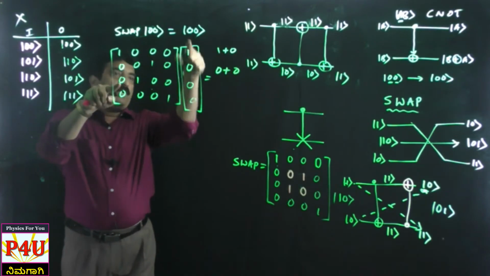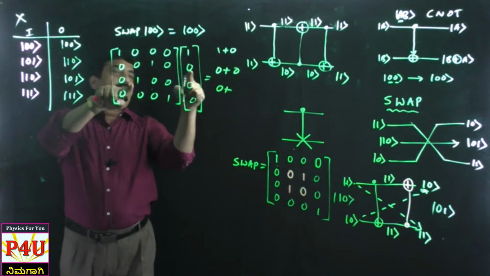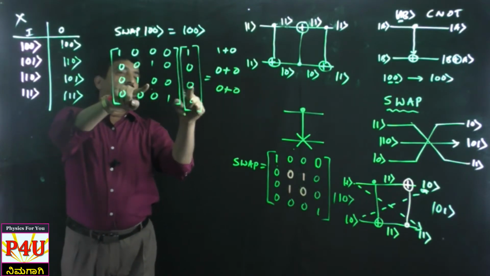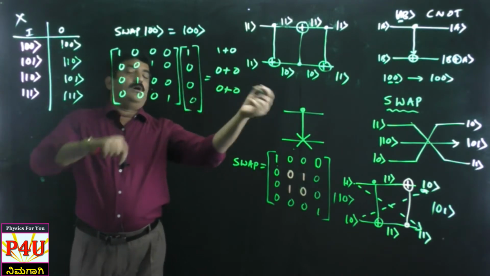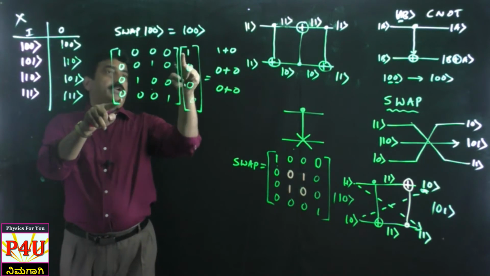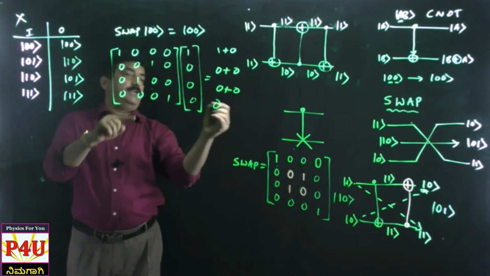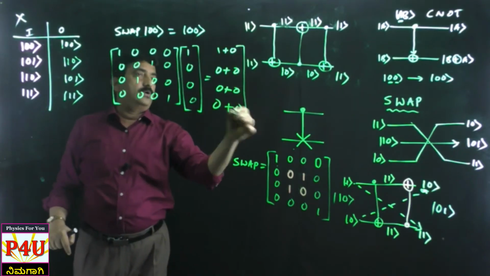Next third row and first column: 0 into 1, plus 1 into 0, plus 0 into 0, plus 0 into 0, all zeros. Next last row: 0 into 1, 0 into 0, 0 into 0, 1 into 0, all are zeros. Okay?